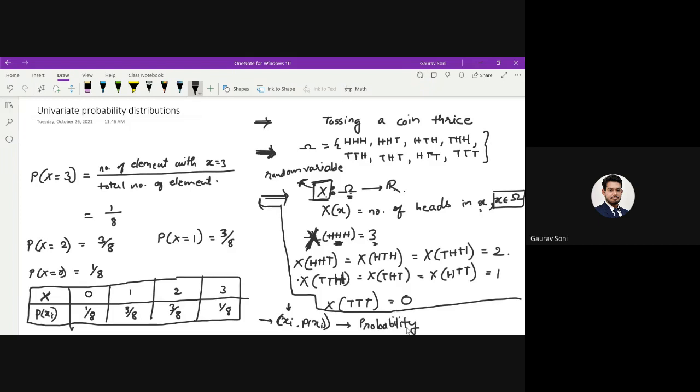So you have distributed the probability over what?